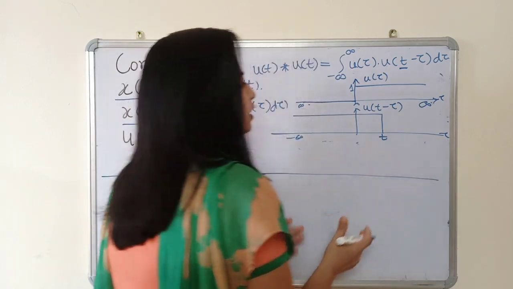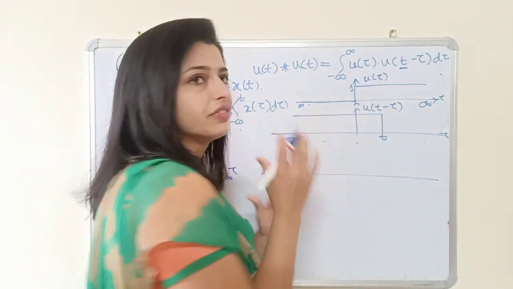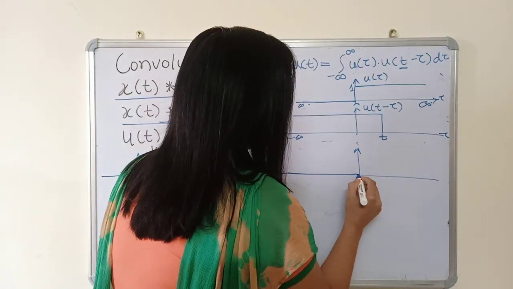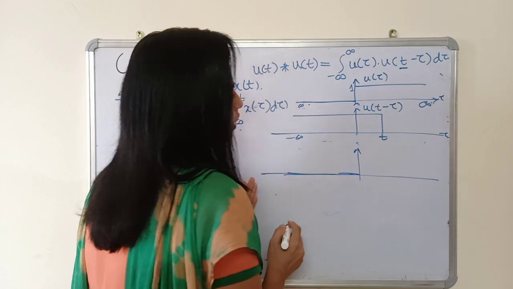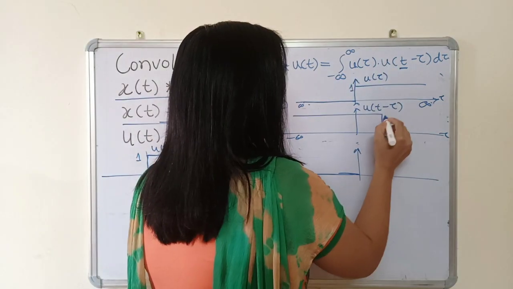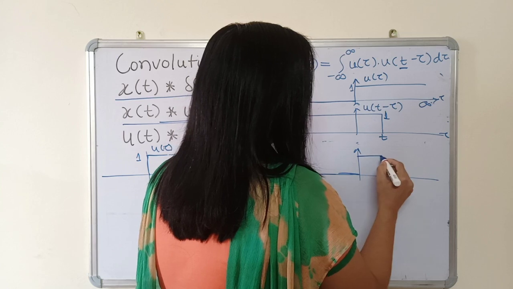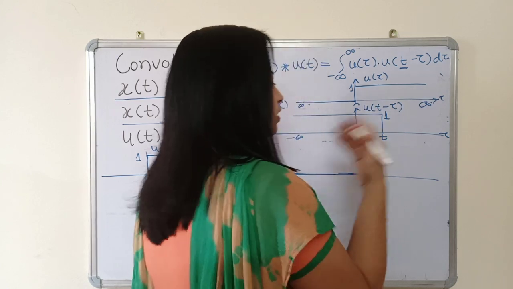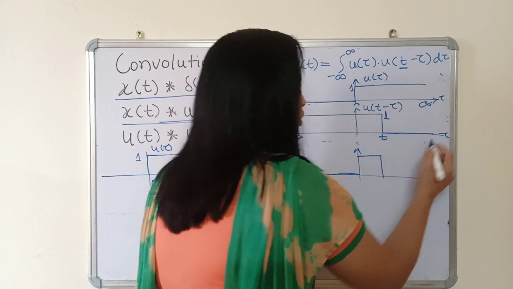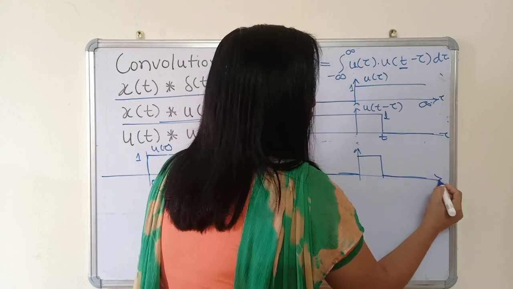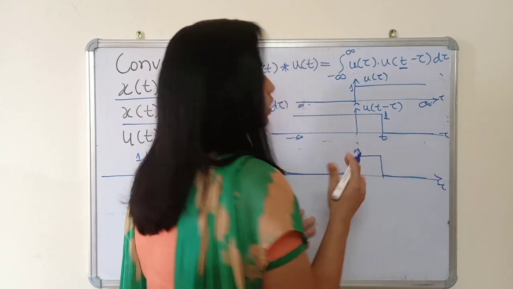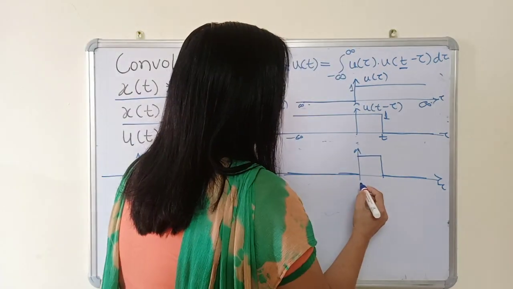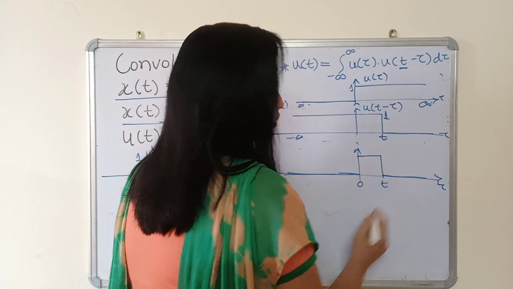Obviously, whatever the shift is, every time up to 0 the answer is going to be 0. Only its amplitude is 1 for the interval 0 to t, and after that, because this signal is 0, the product is going to be 0. So the answer is present only for the interval 0 to t.